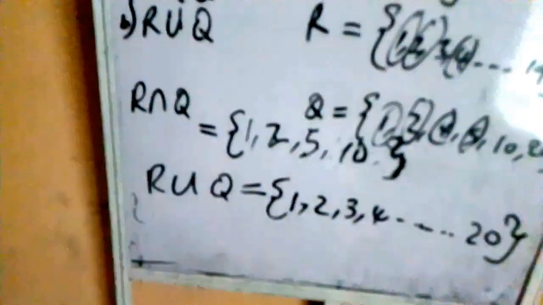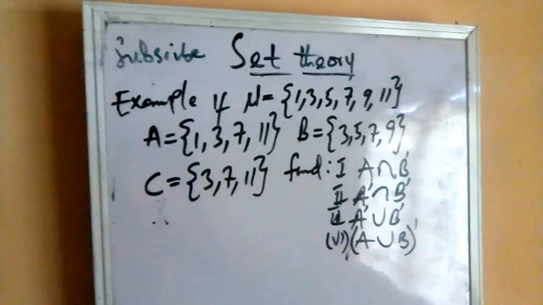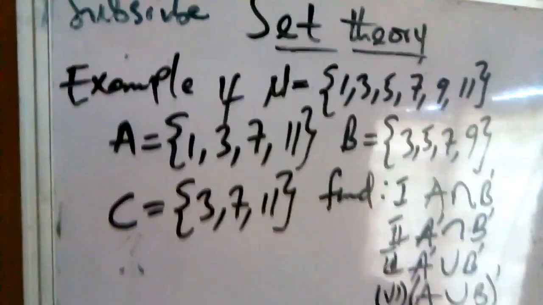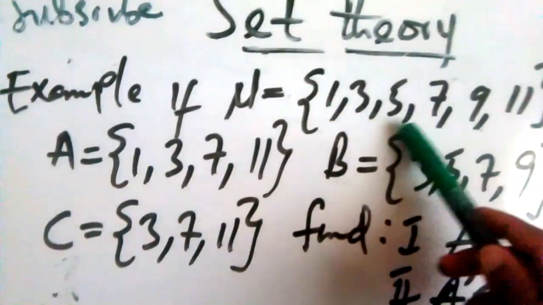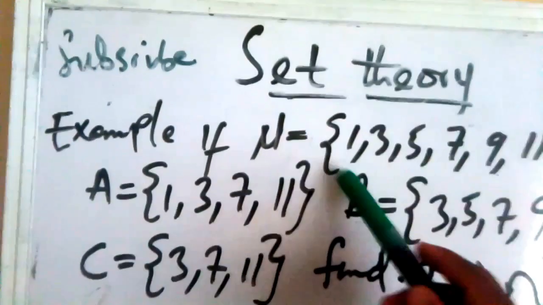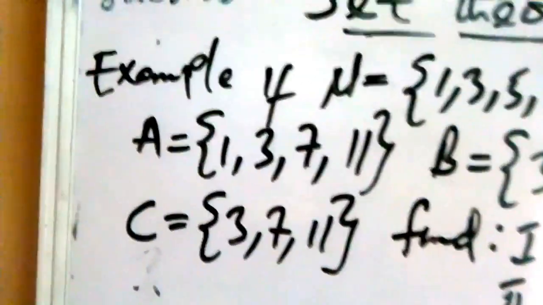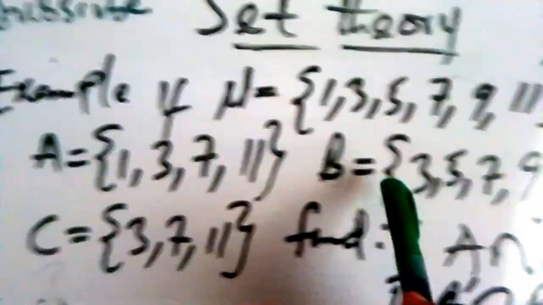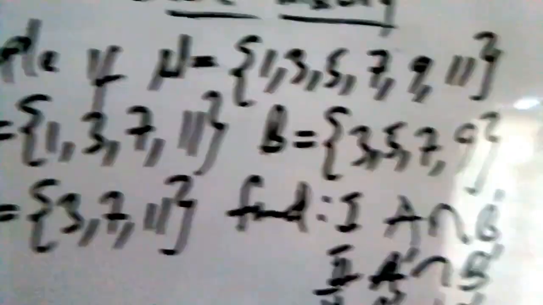So take it home. In this particular example, we are given the universal set, and its elements are 6 members: 1, 3, 5, 7, 9, and 11. And we are given set A, which is a subset of the universal set: 1, 3, 7, 11. Also given set B: 3, 5, 7, 9.